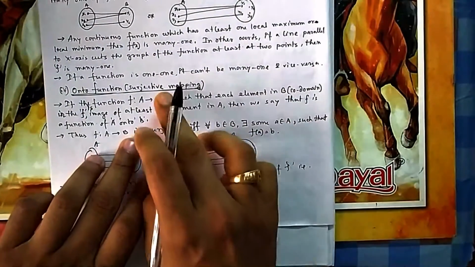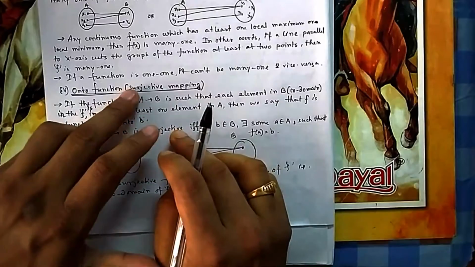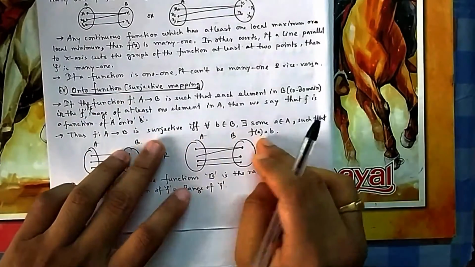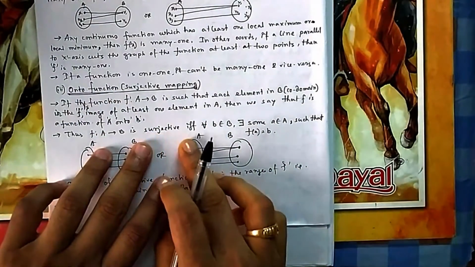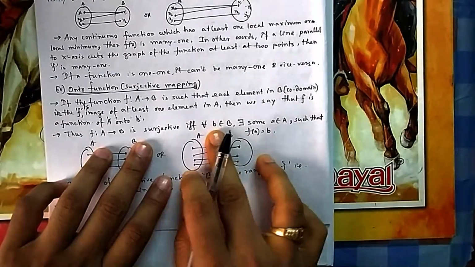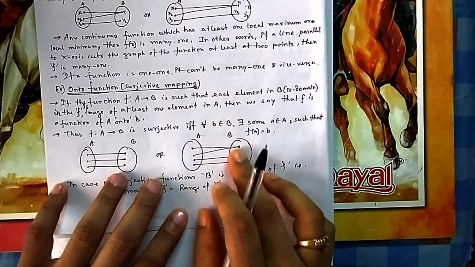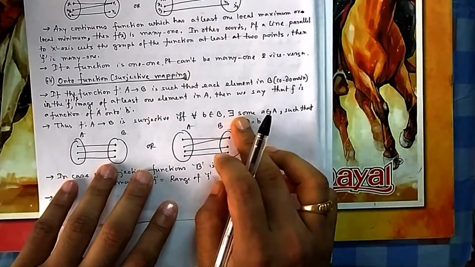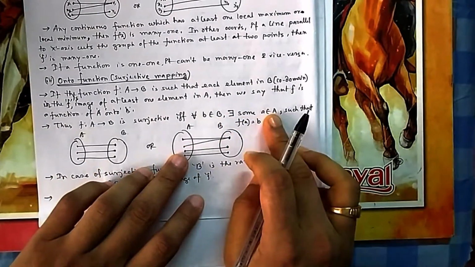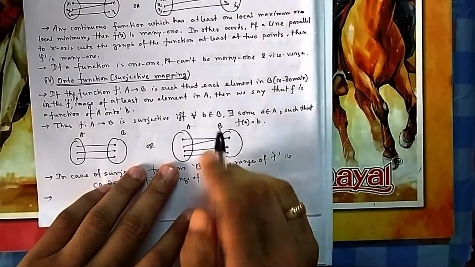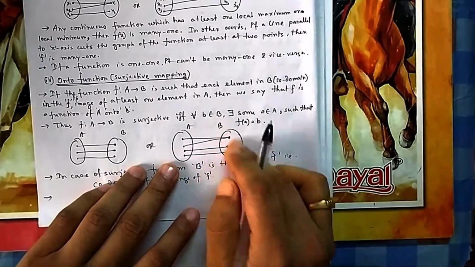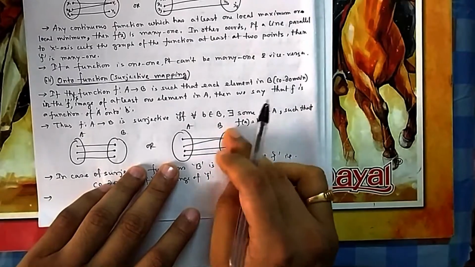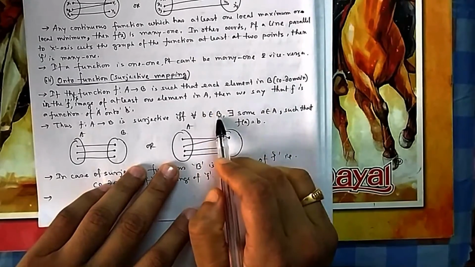f from A to B is also known as surjective. You can remember it: surjection, surjective mapping. f from A to B is surjective if and only if for all b belonging to B, there exists an a belonging to A such that f(a) = b. It means for all gods, there is at least some man who is calling that god. That is the meaning of for all gods in heaven. All gods are supposed to be in heaven.